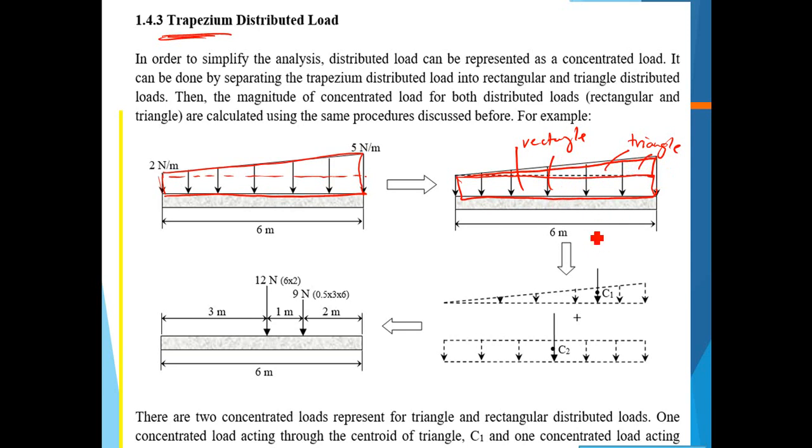Then you just follow the same concept as before. For the triangle, you calculate the magnitude of the concentrated force and locate it at the centroid. For the rectangle distributed load, you calculate the magnitude of the concentrated load and position it at the centroid.